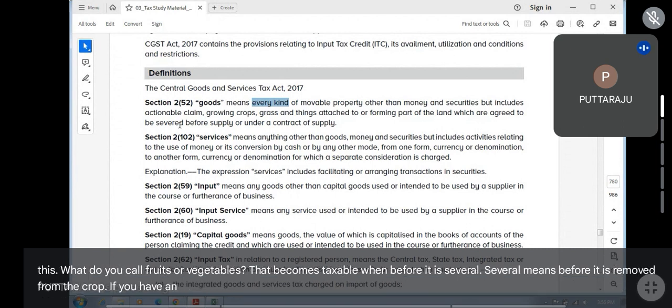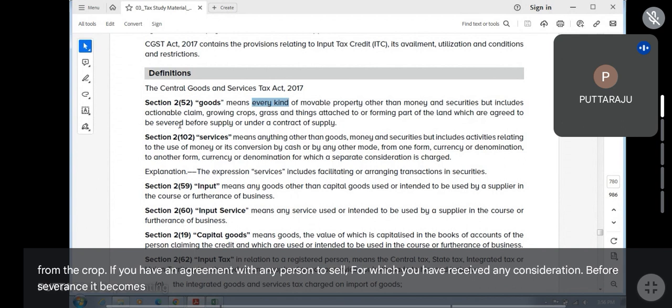If you have an agreement with any person to sell, for which you have received any consideration, before severance, it becomes supply. I have not come to the meaning of supply. We are understanding only the goods.